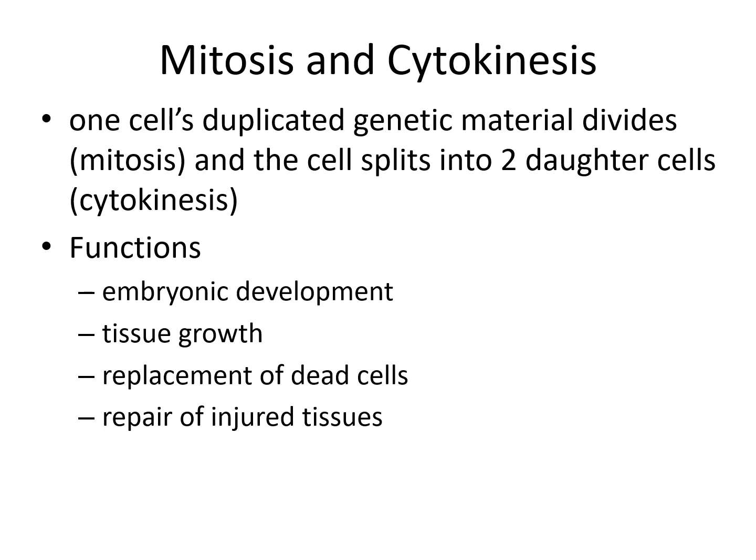Those two cells divide into 4 cells, etc., until you get the trillions of cells that make up a mature human. Tissue growth, so for example, throughout childhood, we are adding mass to our body through the process of mitosis.